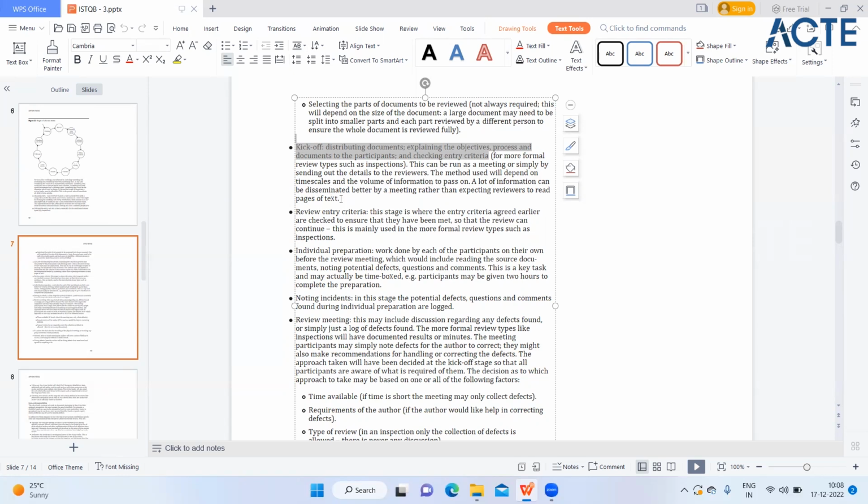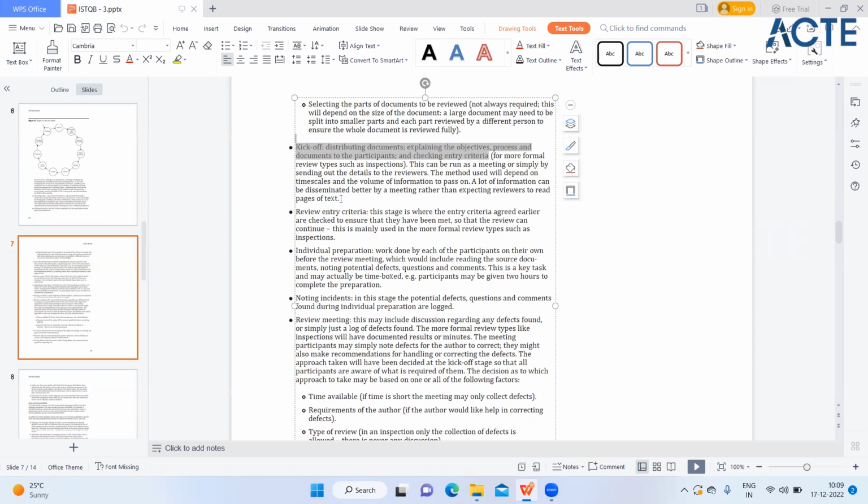But at some times, if all the persons are not present in the same location, or there will be some kind of problems, then definitely we cannot conduct the meeting at the physical level.